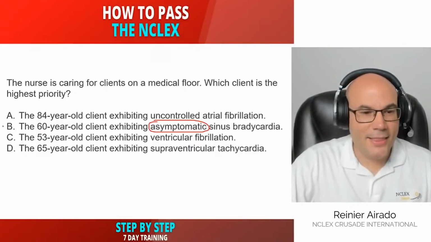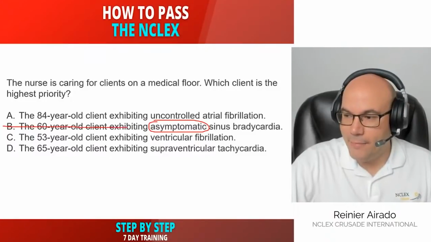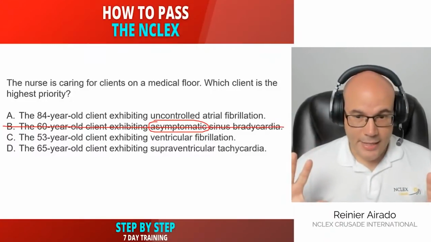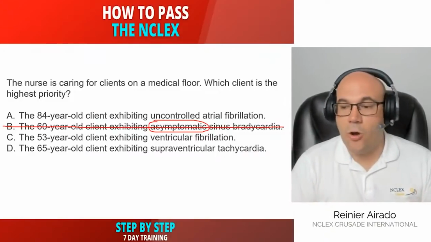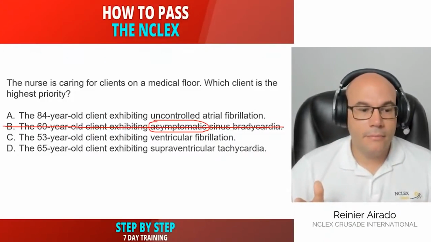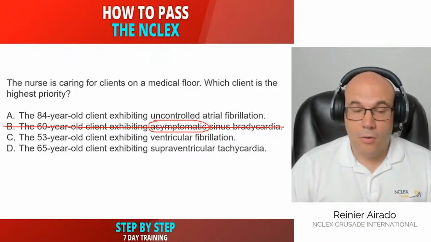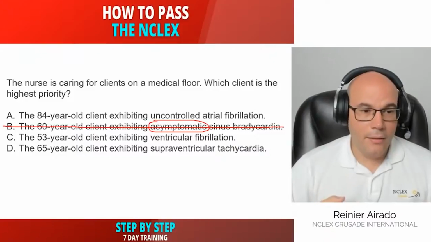So I think B we can eliminate. Notice, I'm not looking for the right answer yet. The only thing that I did was compare A and B. So now B is out of the way.